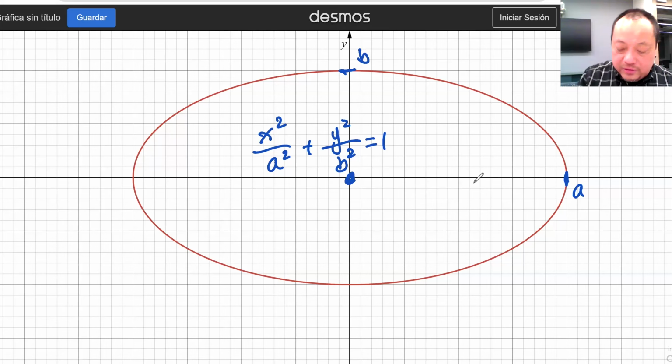A is the distance from the center to the x vertex, and b is the distance from the center to the y vertex. Very straightforward. You can see a and b on the ellipse itself. So that's the context for the question that we just saw. Where is b on the graph of a hyperbola?